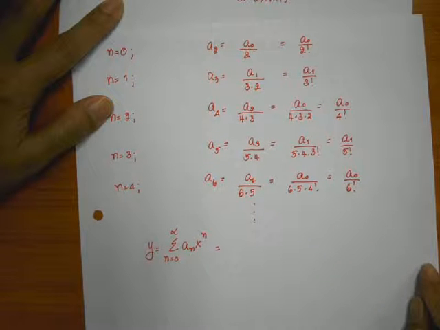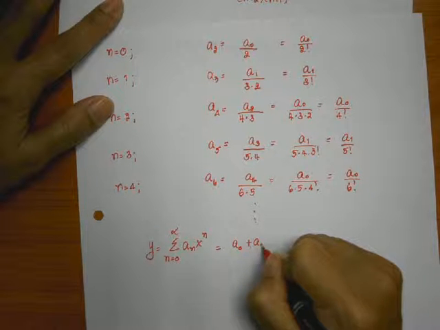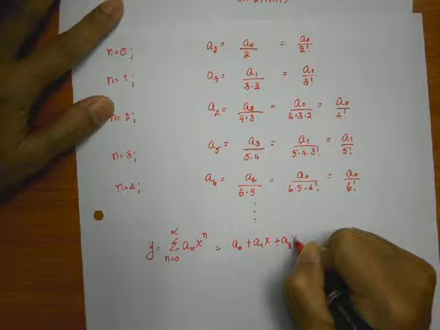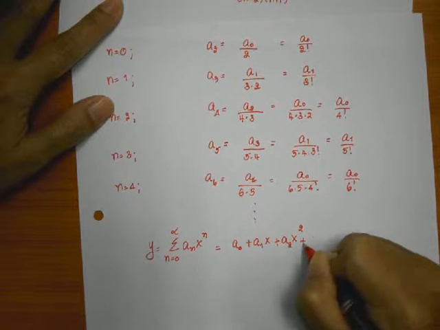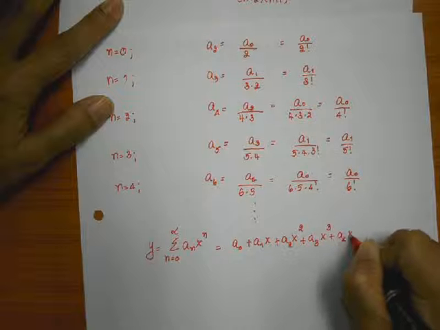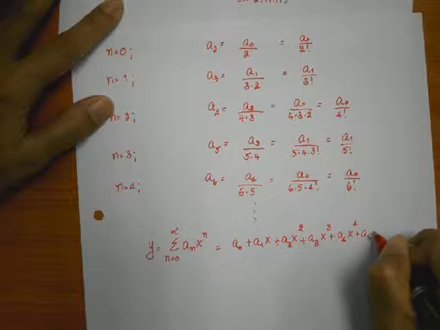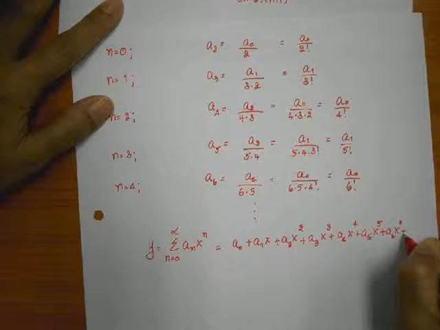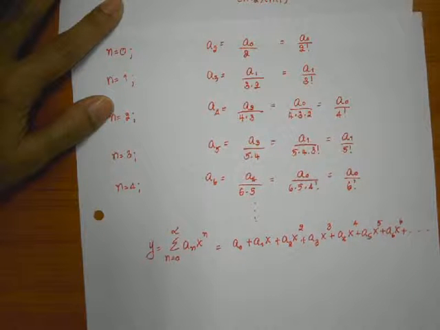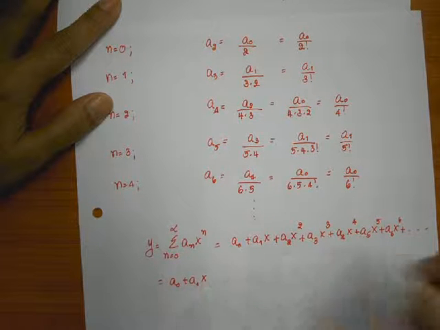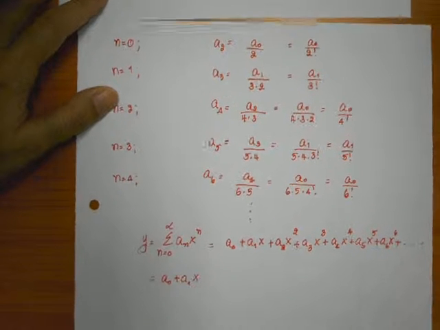Distribute this term, you would get a0 plus a1x plus a2x to the power 2 plus a3x to the power 3 plus a4x to the power 4 plus a5x to the power 5 plus a6 times x to the power 6, and so on. The first two terms, just put them right there because they are in terms of a0 and a1.